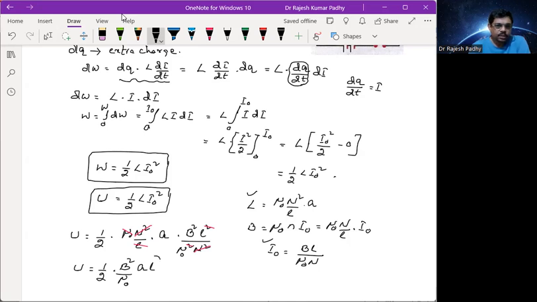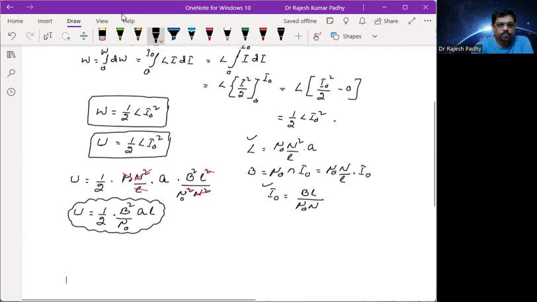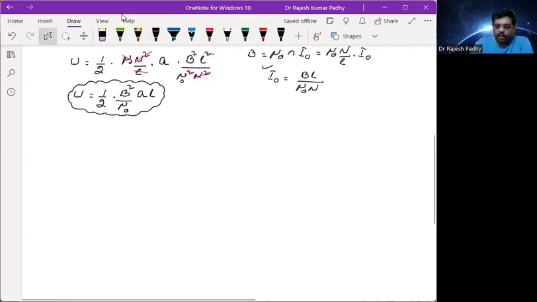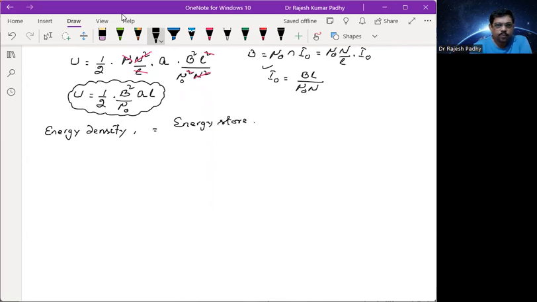Now, this is the energy stored inside the inductor. If this is the energy stored inside the inductor, then what is the energy density? Just as we had already calculated in the case of a capacitor, energy density is equal to energy stored by volume.